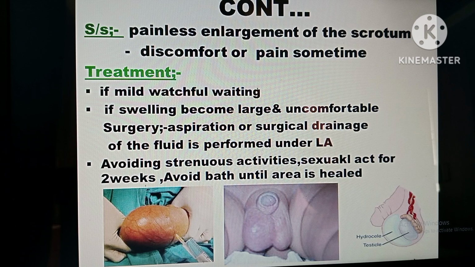If he is bathing, he can, but he has to take care. After the bath, he has to clean the area and cover the drainage site with gauze. If it is a child, it is the parents' responsibility. After every toilet use, the parents have to clean the area and cover it with gauze.